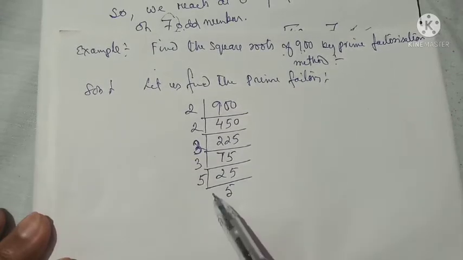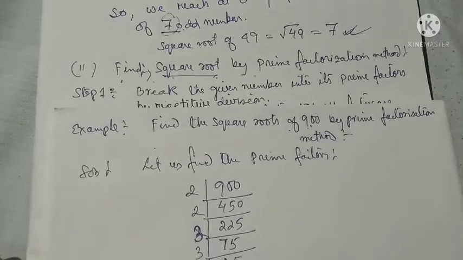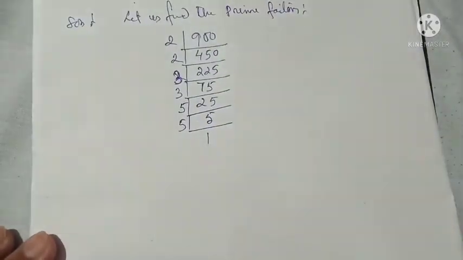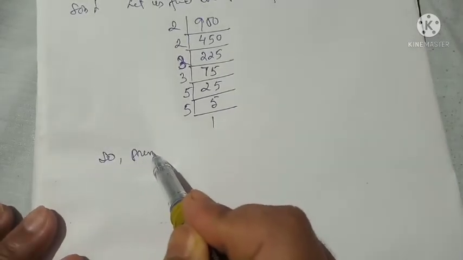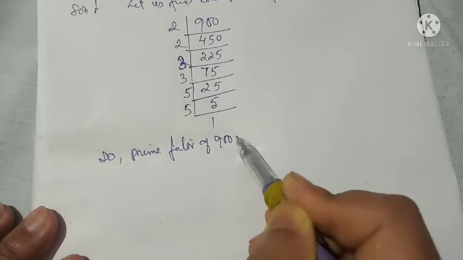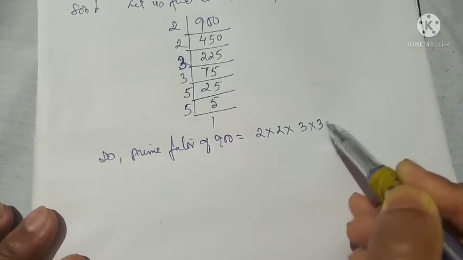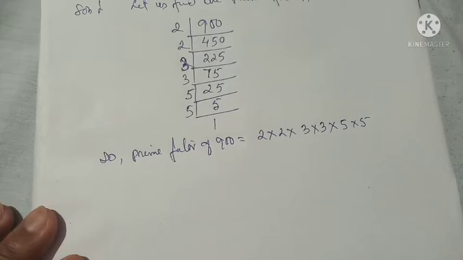This is repeatedly breaking the number into its prime factors by repeated division. So the prime factors of 900 are 2, 2, 3, 3, and 5, 5. These are all the factors of 900.